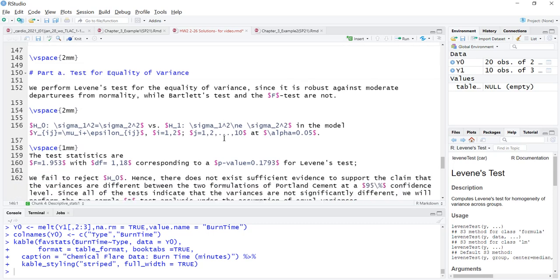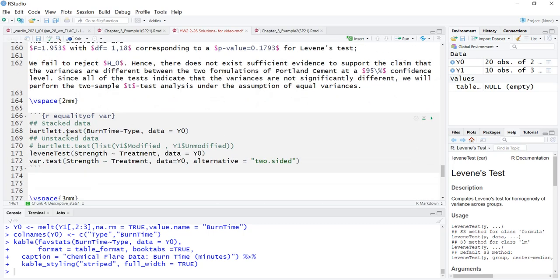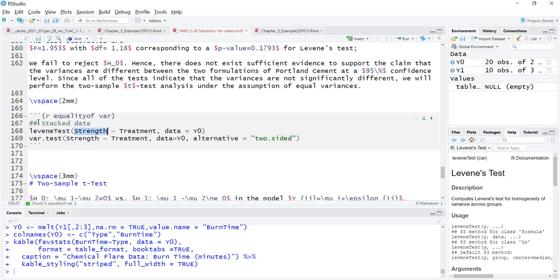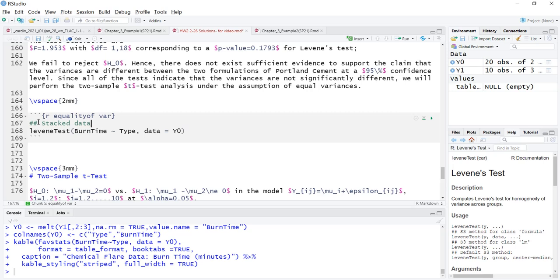Okay. And so now when I do this, Bartlett's test I don't need. I need Levene's test. And I'm going to do burn time, capital T, by type, and data equals y 0. I don't need the var test, that's the F test here.